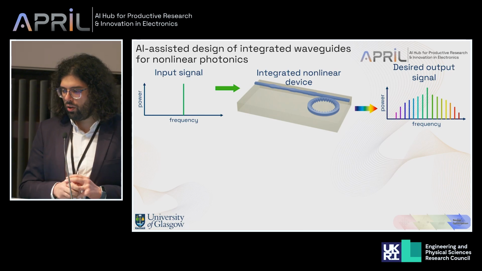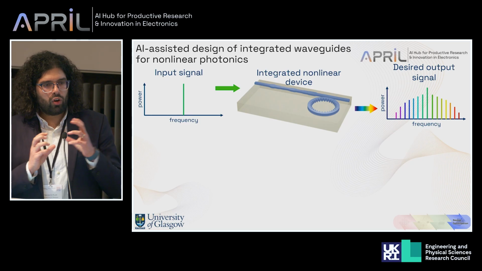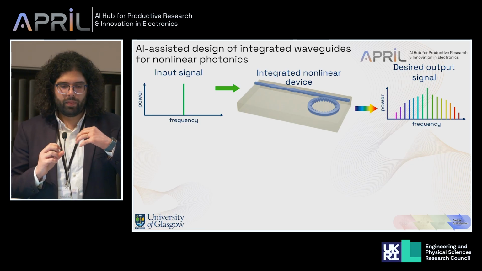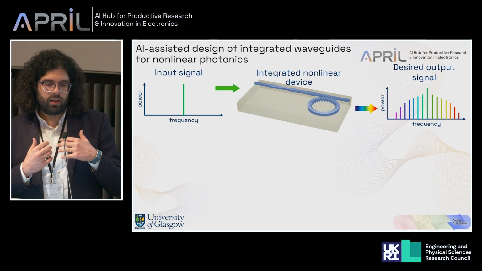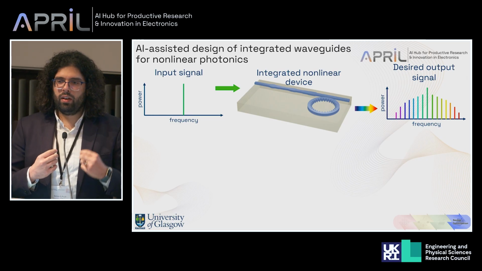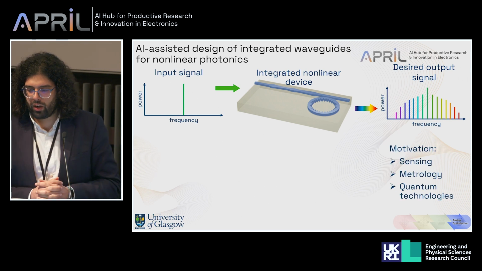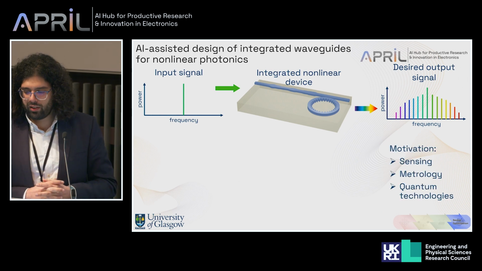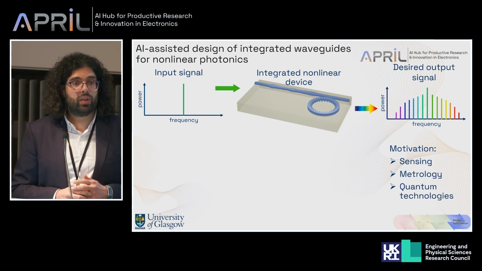One of these is the so-called frequency comb. You can use these signals to act as a conversion gear between the optical and the RF domain, so that we can then access the optical stability through electrical systems. So this finds application in many different areas, such as sensing, metrology, and of particular relevance nowadays, quantum technologies.